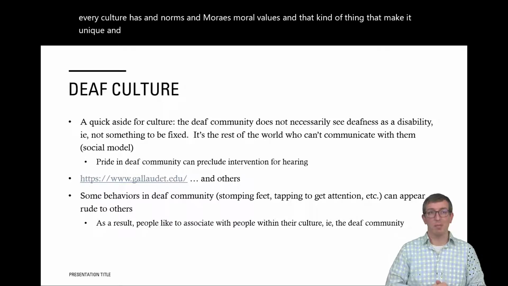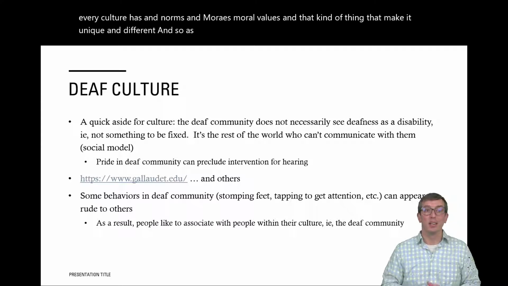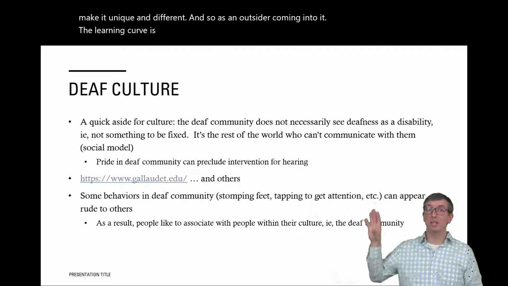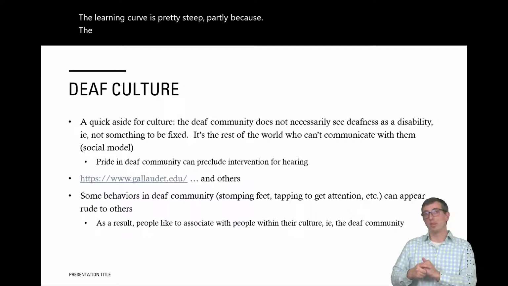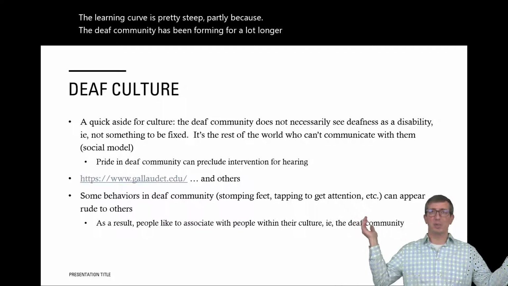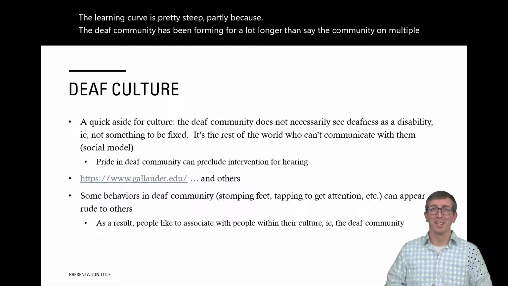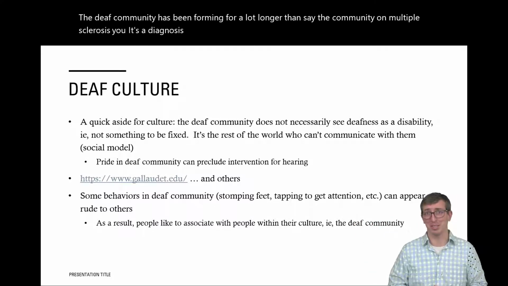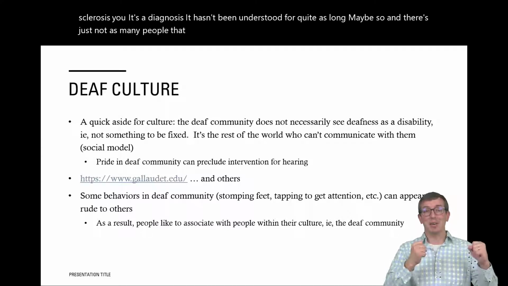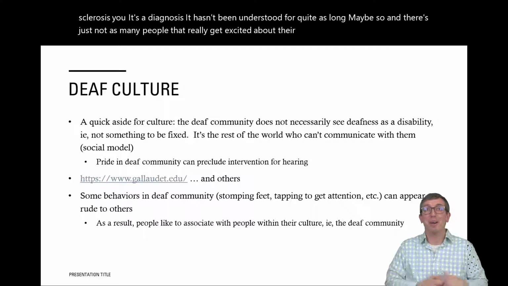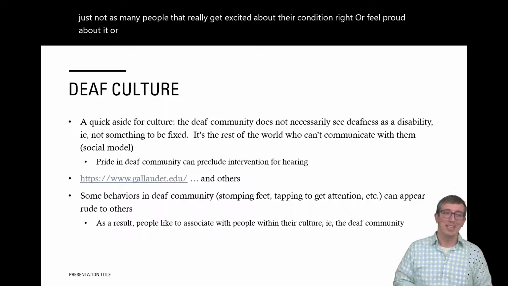And so as an outsider coming into it, the learning curve is pretty steep, partly because the deaf community has been forming for a lot longer than, say, the community around multiple sclerosis. It's a diagnosis that hasn't been understood for quite as long, maybe. And there are just not as many people who really get excited about their condition, right? Or feel proud about it or something like that. So it's very unique.